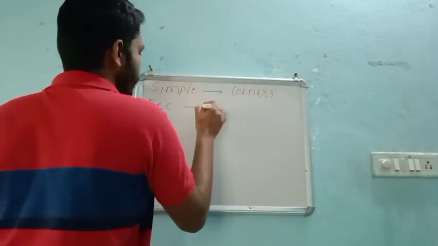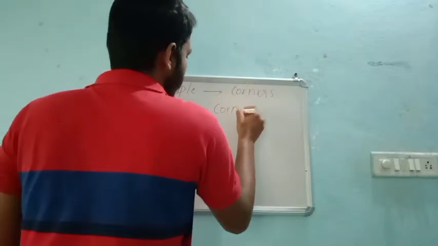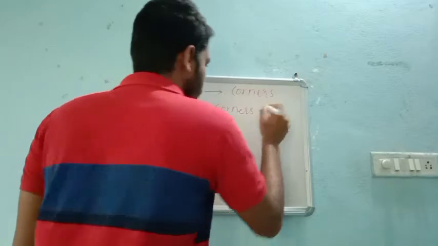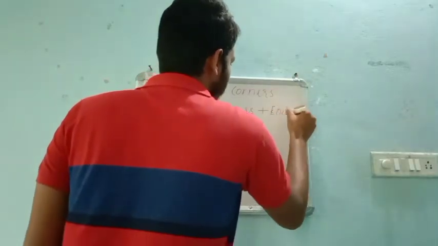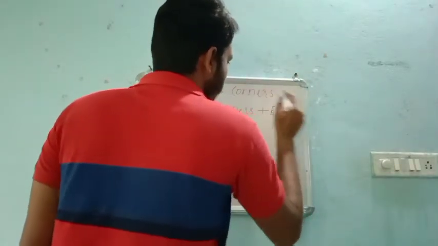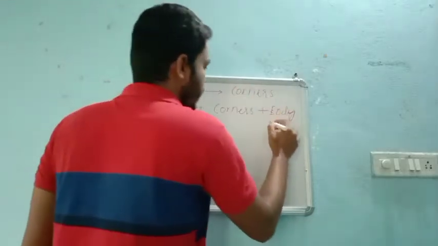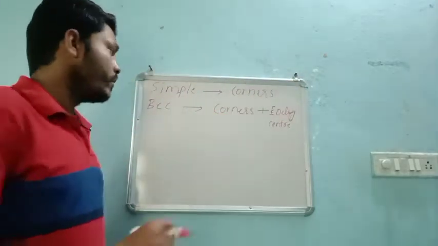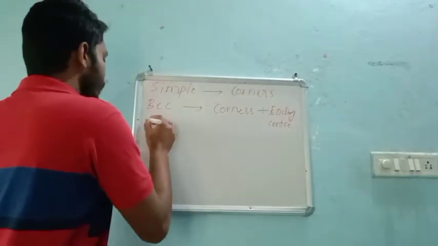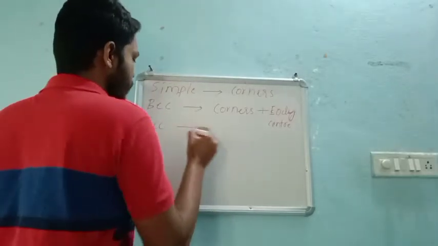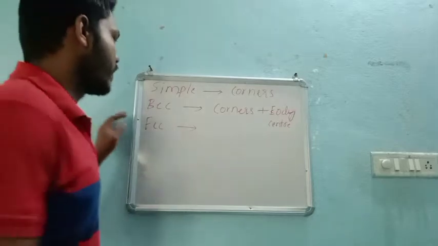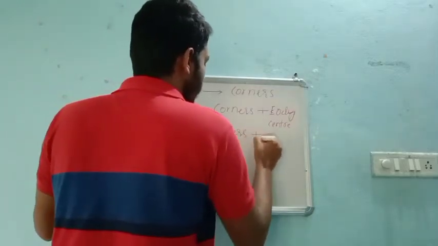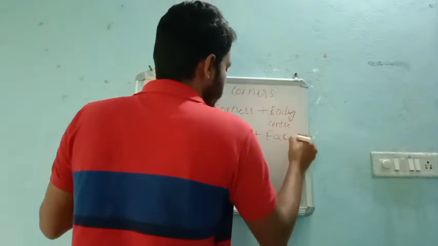BCC means not only are the constituent particles present at the corners, one constituent particle is also present at the body center. And one more type of unit cell we saw, where the constituent particles are present at the corners as well as at the six faces.